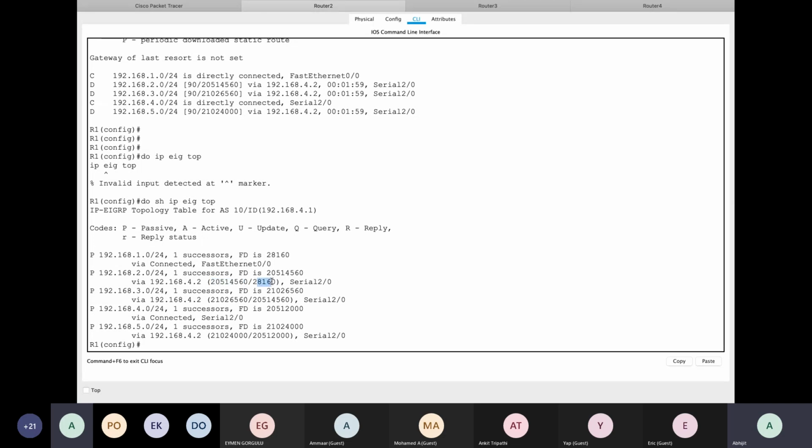You see, RD is lesser than the FD. RD will always be lower than the FD. Make sense? So you will see both of these values in the topology table, and the route that has the lowest FD is going to be inserted into the routing table. Do you understand that?